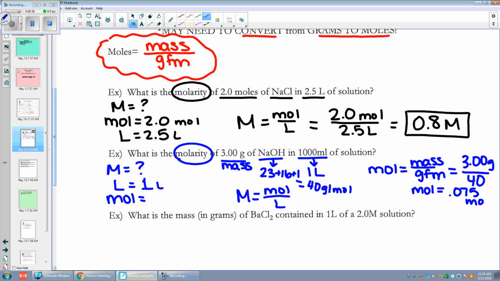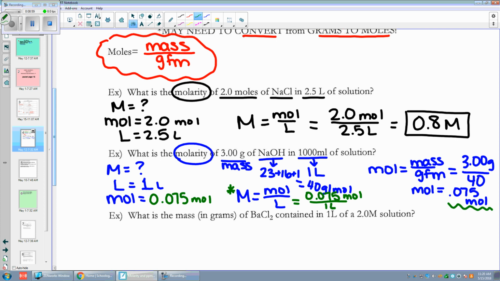0.075 moles. So now I'm going to take this, and now I have that to put over here, 0.075 moles. I'm now finally able to go back to this equation. So now I plug in, I say, okay, I have 0.075 moles.